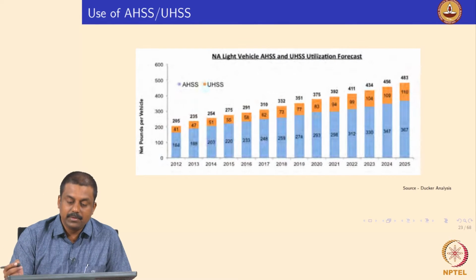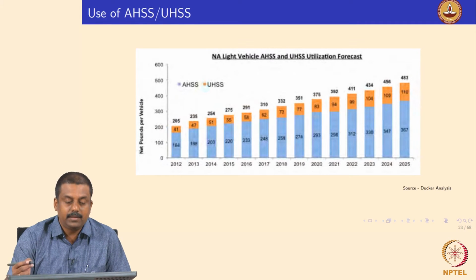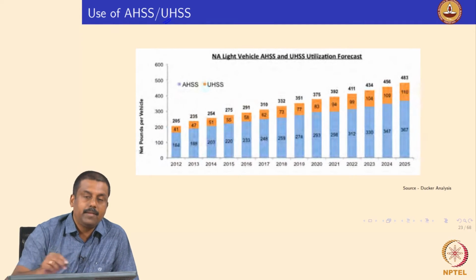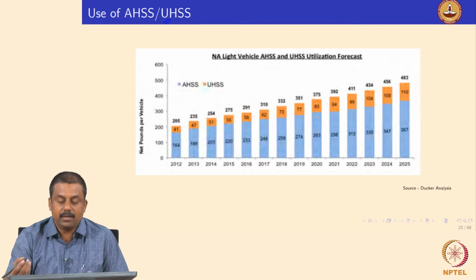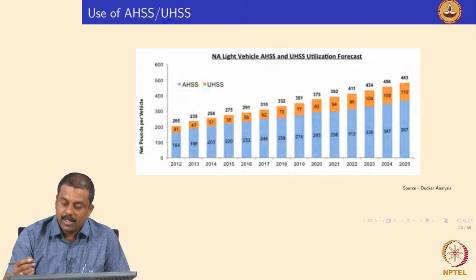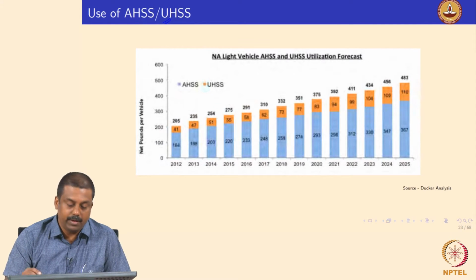So this graph shows the use of advanced AHSS steels and ultra high strength steels. Again, ultra high strength steels are nothing but steels that generally have a UTS of more than 1 gigapascal. This is the trend of usage of advanced AHSS steels in auto bodies.